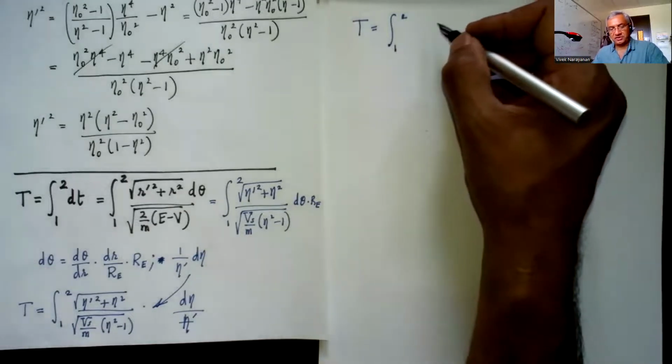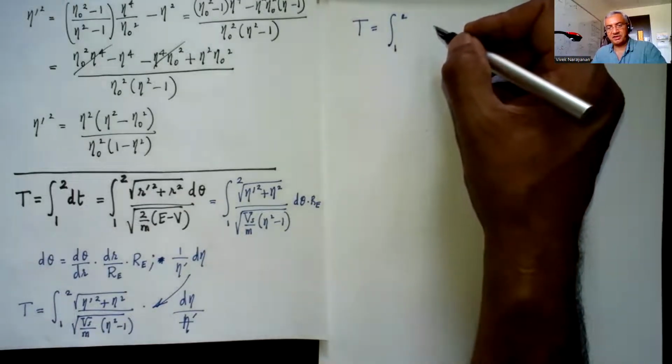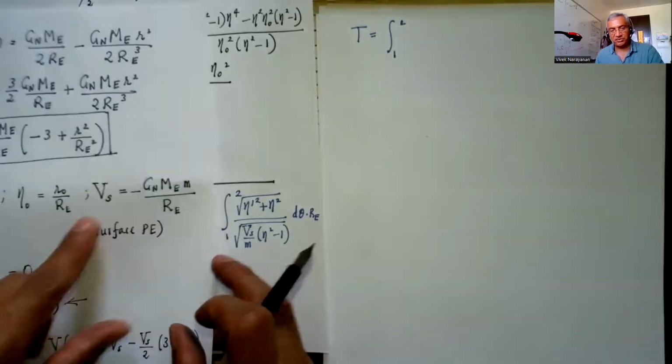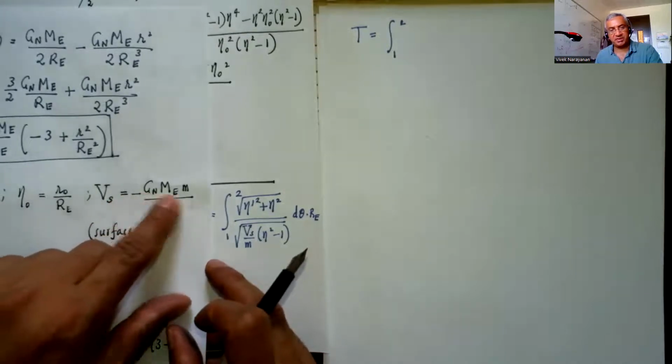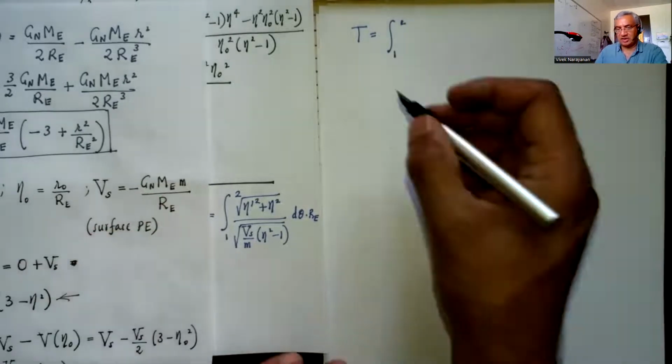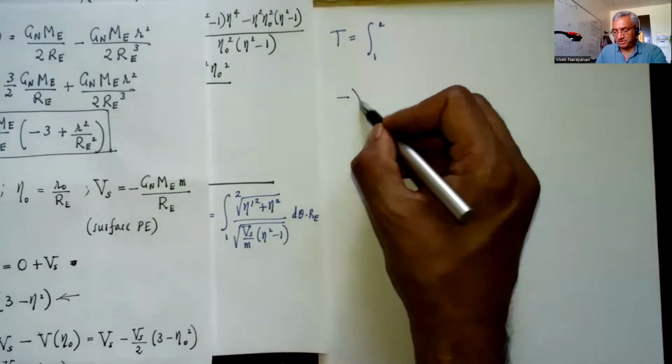All right. So let me do that next. Now, negative v sub s is going to be G_N M_E little m over r_E. So let me write that here.